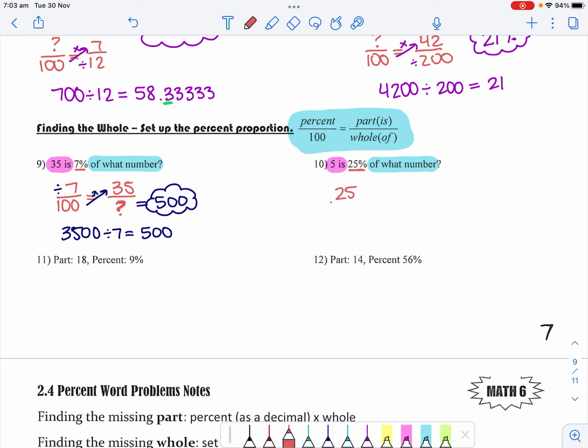So 25 over 100 is equal to 5 over my question mark. 100 times 5 is 500 divided by 25 is going to be 20. So this question mark is equal to 20.